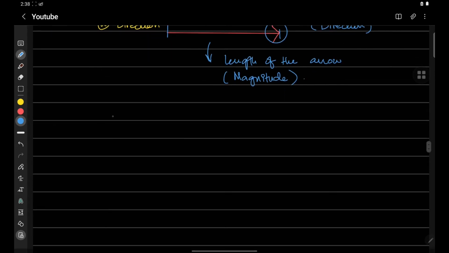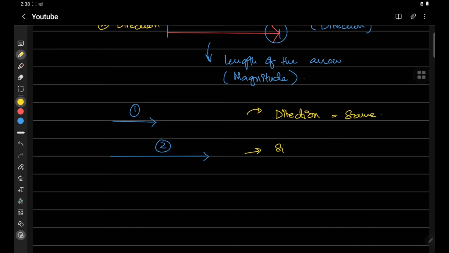So if I was to draw a small example for this, let's suppose I have arrow 1, right? And I have another arrow 2. What can you deduce from this? You can say that the direction of both of these vectors or both of these arrows is the same.